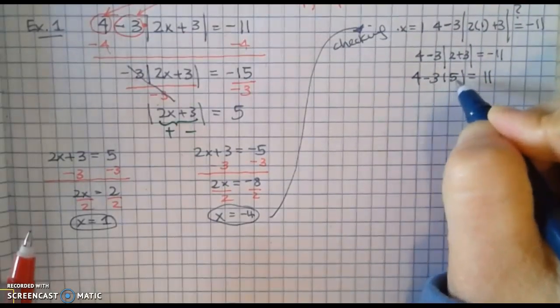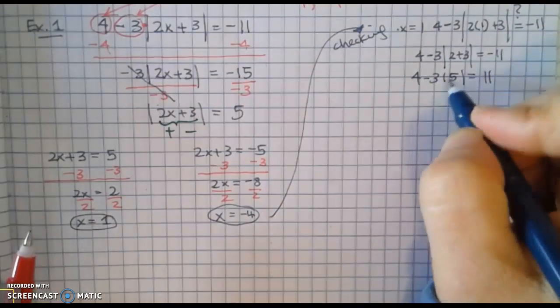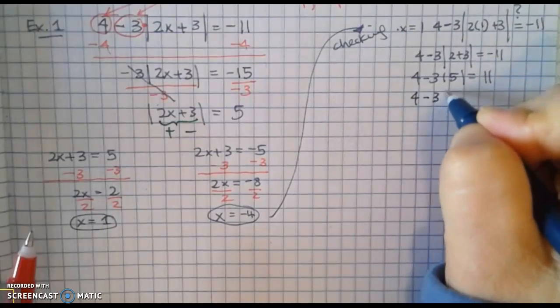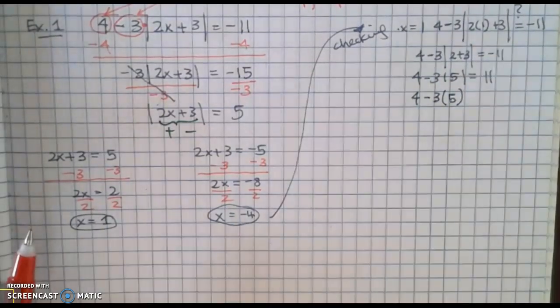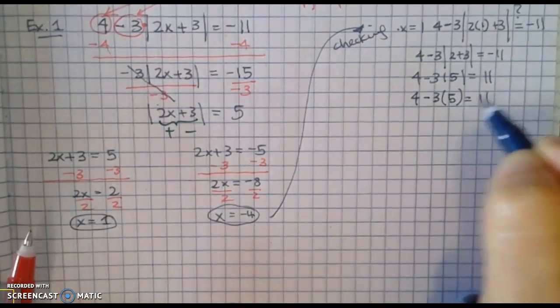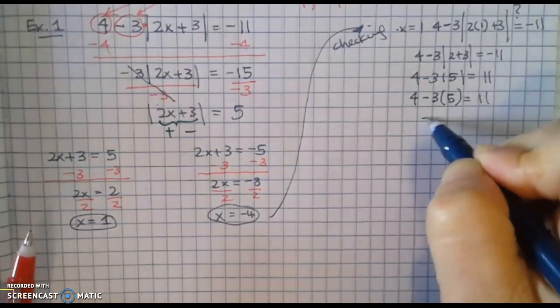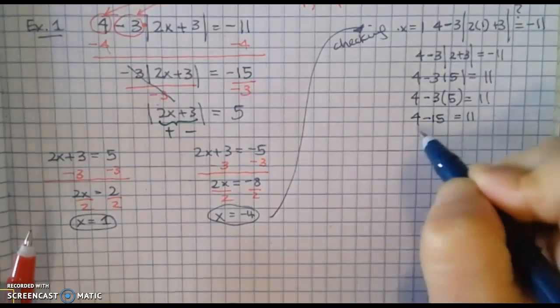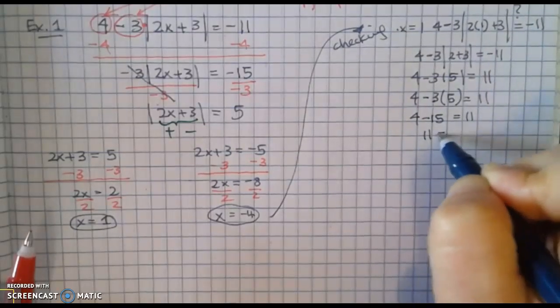And then what is absolute value of 5? That's just 5. So 4 minus 3 times, now that I've gotten rid of the absolute value function, 5 is equal to negative 11. So 3 times 5 is 15.